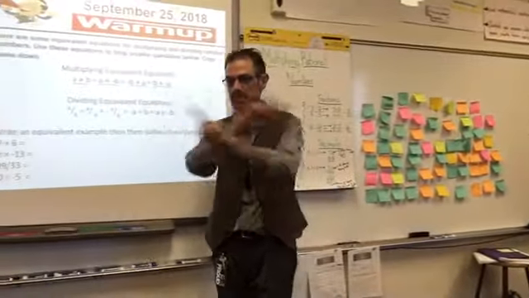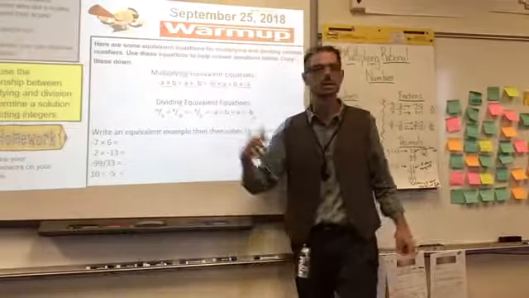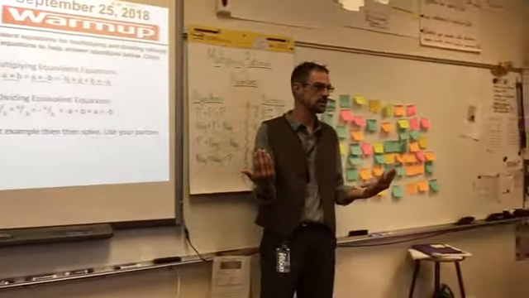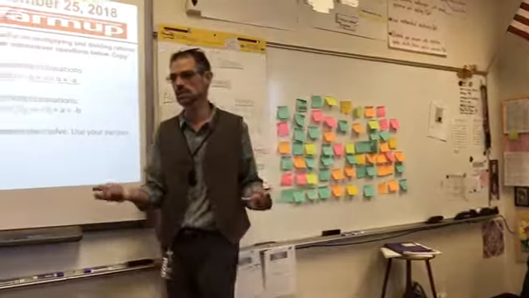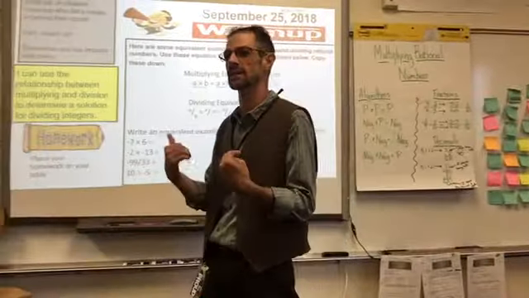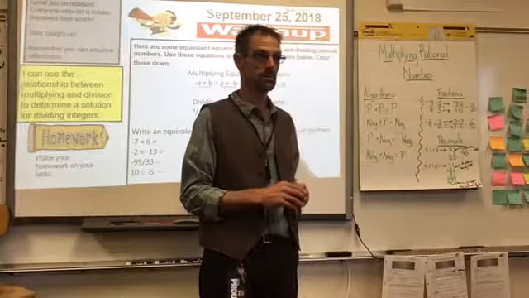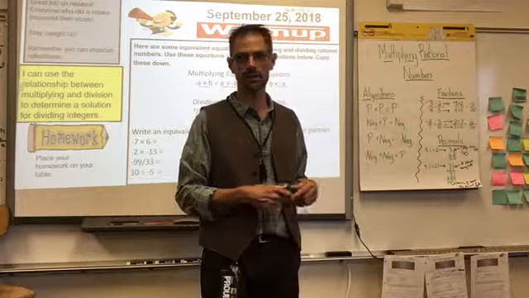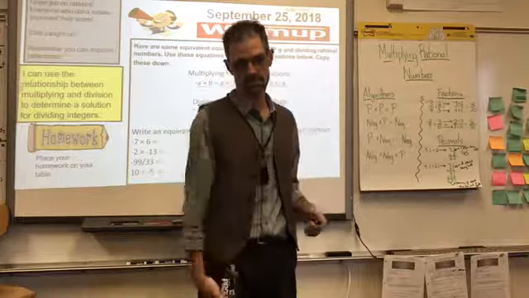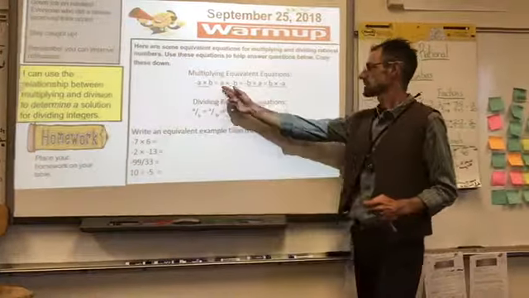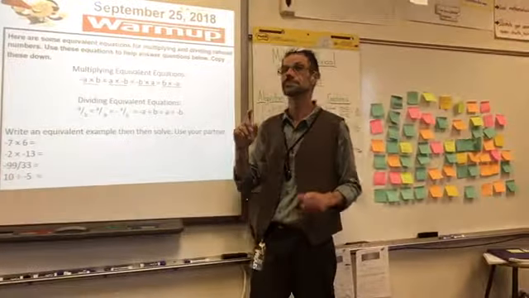I can switch that, and then moving the sign doesn't change my answer because it all has to do with negative factors. Odd number of negative factors, negative answer. Even number of negative factors, positive answer. So these are all equivalent to each other.